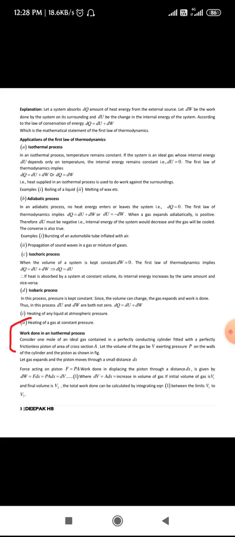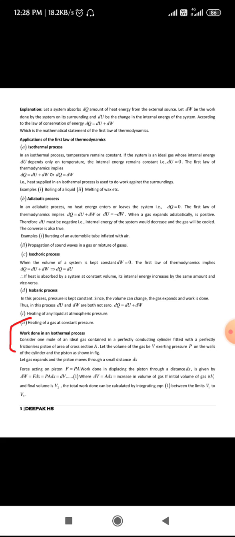Next, in order to find the work done: dW is the small work done for a small displacement.